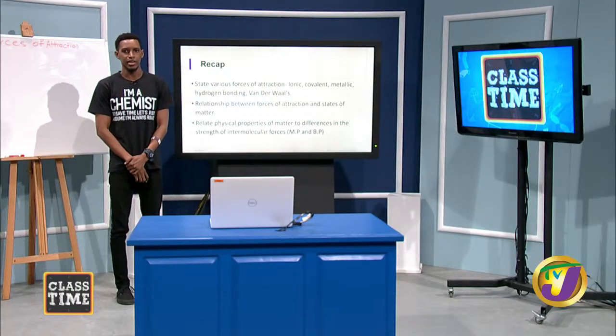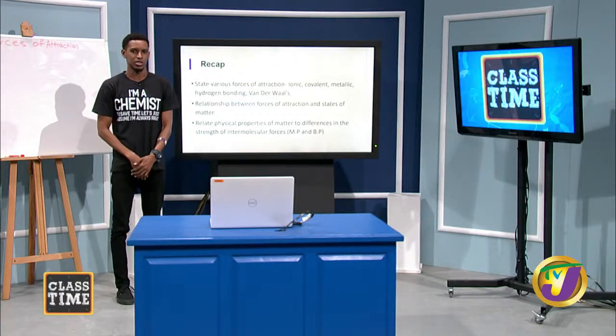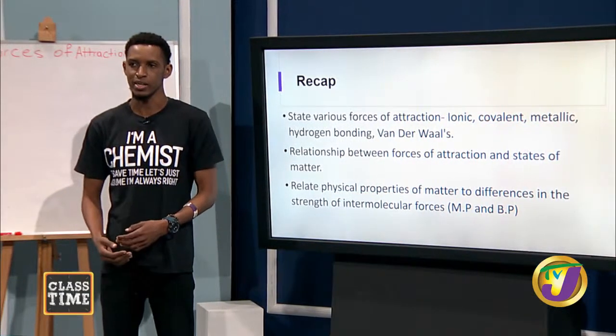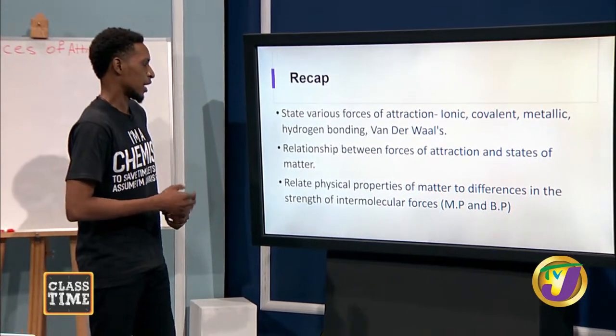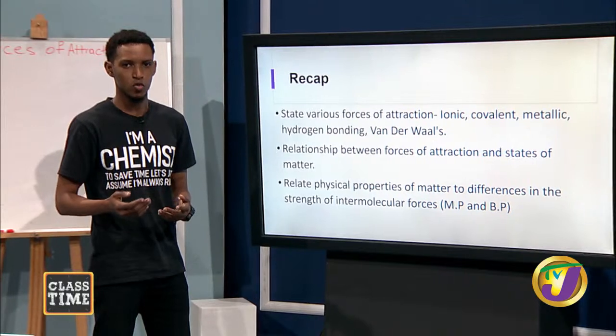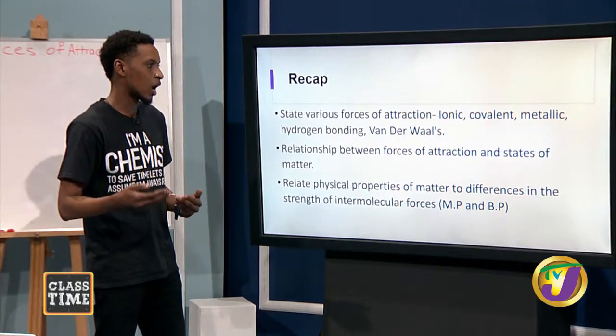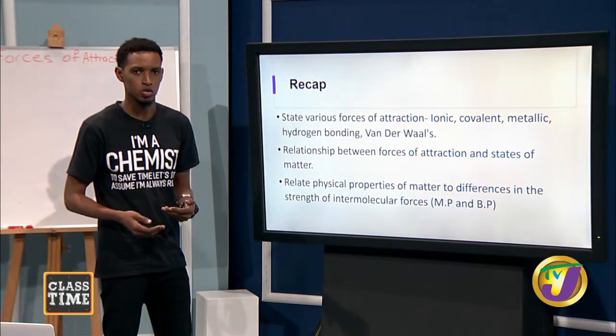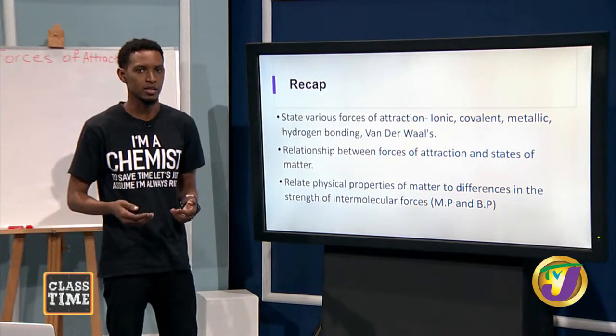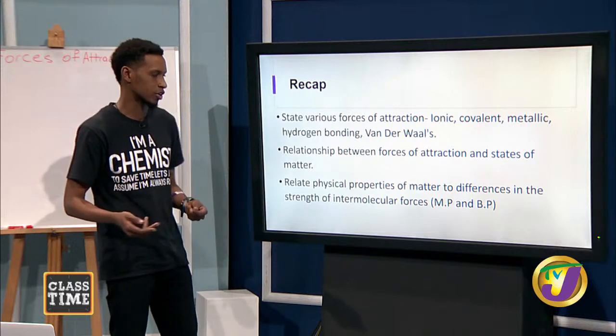So, today, before we get into today's presentation, let's take a recap of what we did last time in CAPE. Last time we stated the various forces of attraction, that is ionic, covalent, metallic, hydrogen bonding, and we also took a look at van der Waals forces of attraction.